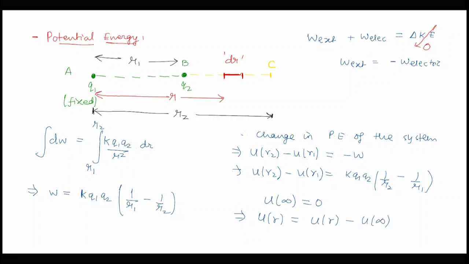Over here we are intending to say that R1 approaches infinity and R2 is a certain separation R. If we do this substitution in this expression, we end up getting the potential energy as K Q1 Q2 upon R, which can be written as Q1 Q2 upon 4 pi epsilon naught r.